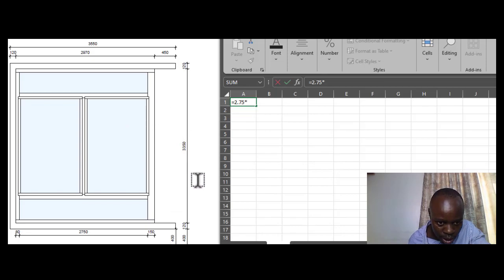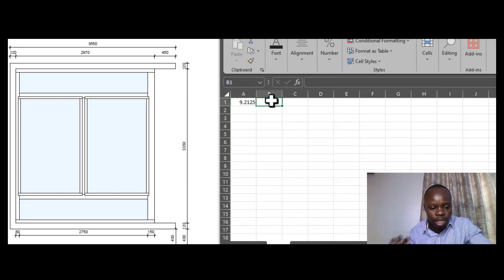In this case it is 3.35. So the total area for the glazing is 9.21. Of course you can round it up or express it in full. So this is the total glazing area.